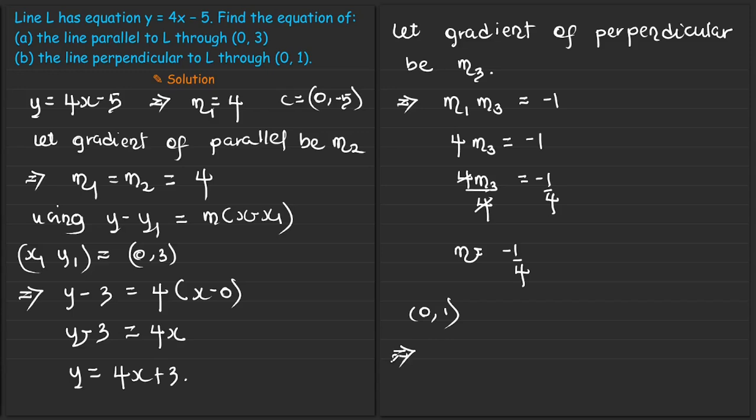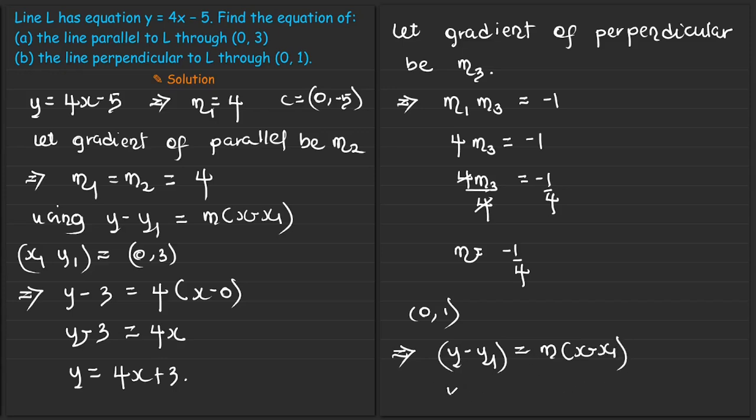We are going to use the point slope method once again. So we have y minus y1 equals m into bracket x minus x1.